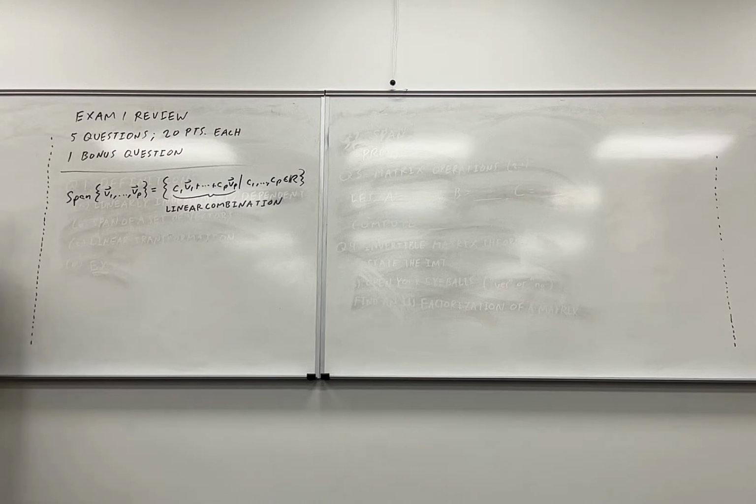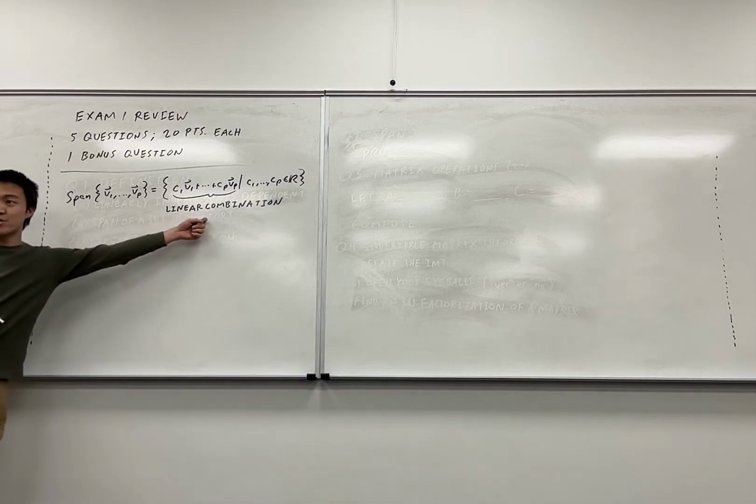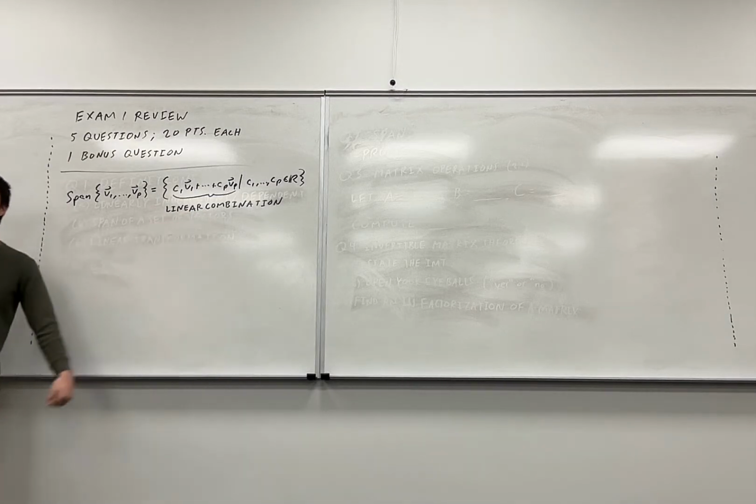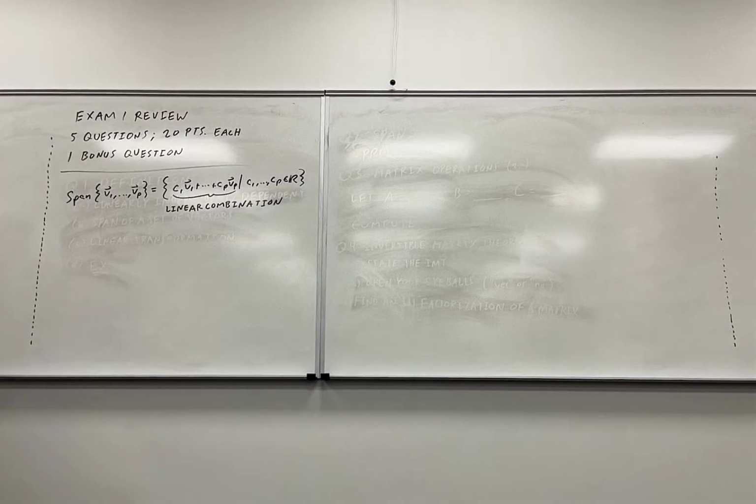So basically, all possible linear combinations. Span is the set of all possible linear combinations. So if you don't know what a linear combination is, you won't be able to do this proof. If you don't know the definition of span, you will not be able to do this proof. Okay?